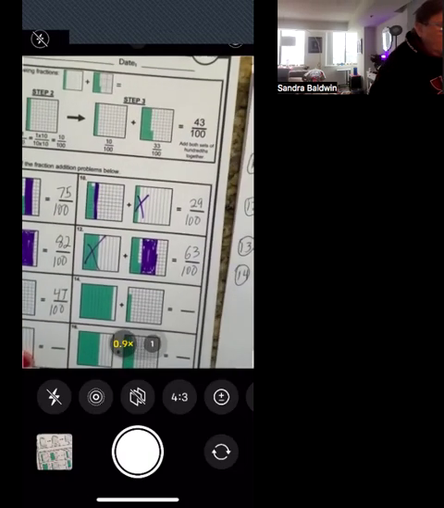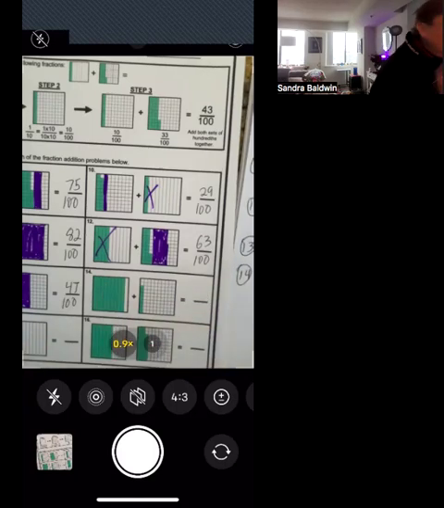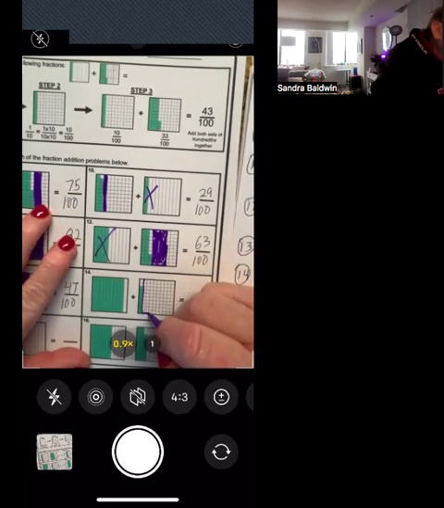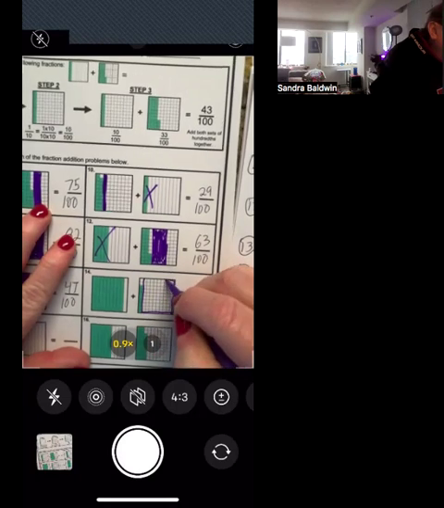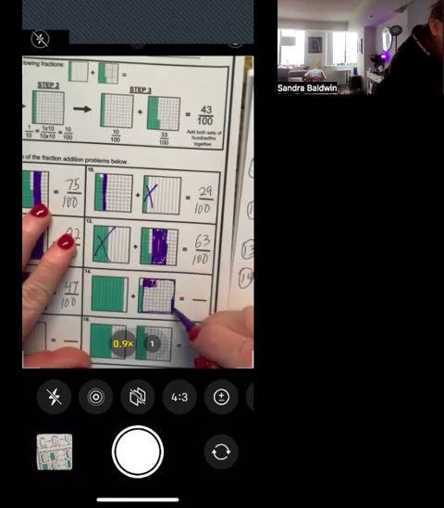Now I'm going to rename the 9/10 as 90 hundredths. To show that I believe I will have 98 out of 100 colored in on this image or this diagram model.